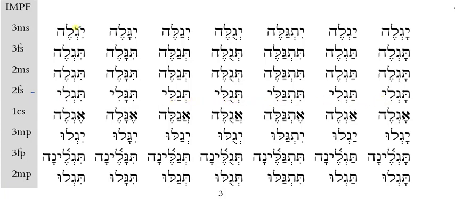But notice here that my imperfect 3ms in the Qal, yigle, has the segol hey, 3fs, tigle. The Niphal has yigale and tigale. The front side follows the stem patterns, but the back side, I can't tell the difference between the stems here. Both of these stems have segol hey, right? Because they're uninflected in the imperfect.